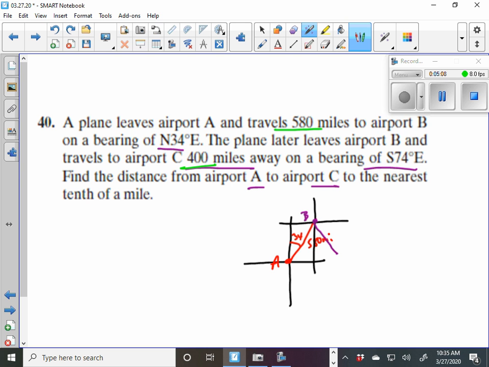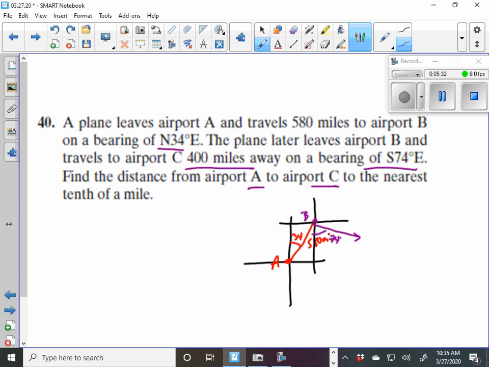We're not real sure, but we do know, and I need to redraw that, because from the south, 74 degrees would probably be more like this, where that is 74 degrees.